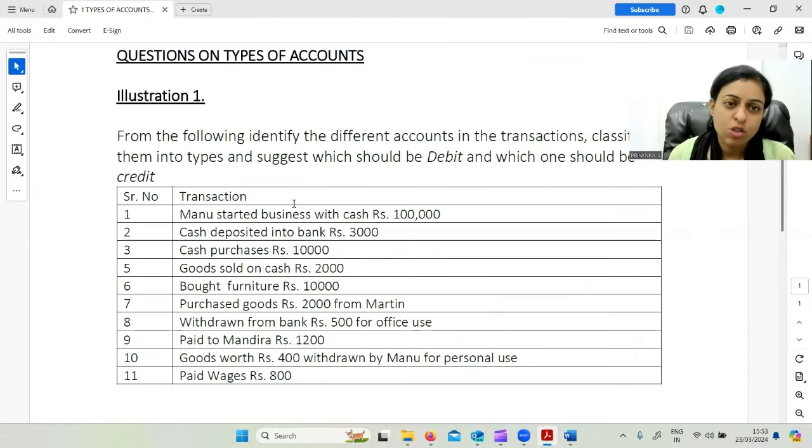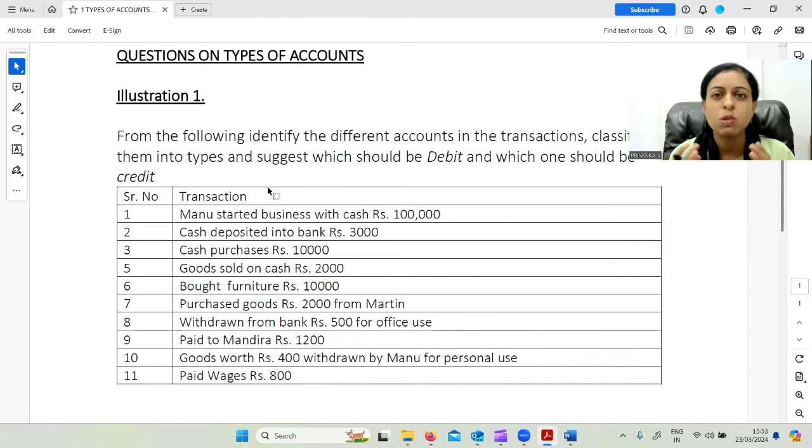Okay, we are taking the first illustration from the PDF, and what have they asked us to do is, from the following, identify the different accounts in the transaction, classify them into types, and suggest which should be debit and which one should be credit. So basically our job is of three things. One is to split this particular transaction into two or three or four parts, whatever number of accounts the transaction has.